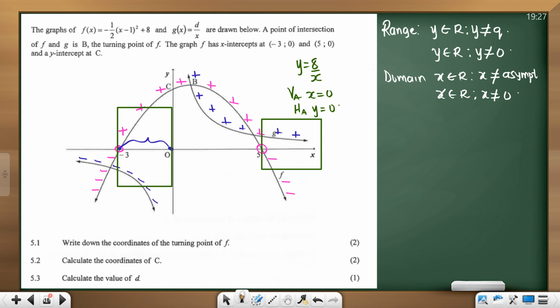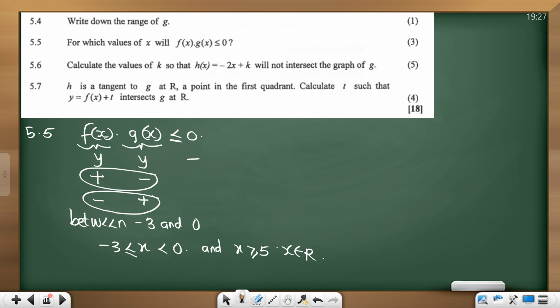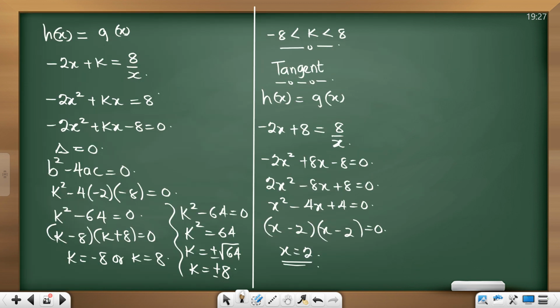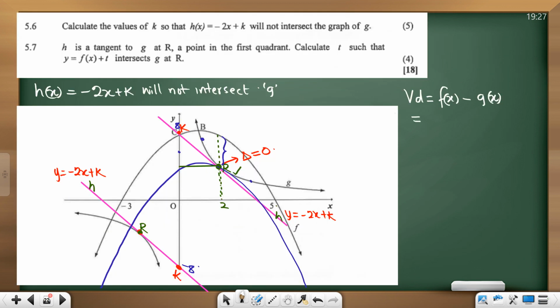Have you written f of x? All right. Please write it down. We are moving that small distance there. It is negative 1 over 2 times (x minus 1) squared plus 8, minus what is g of x? 8 over x. But do we know the value of x now? Yes.